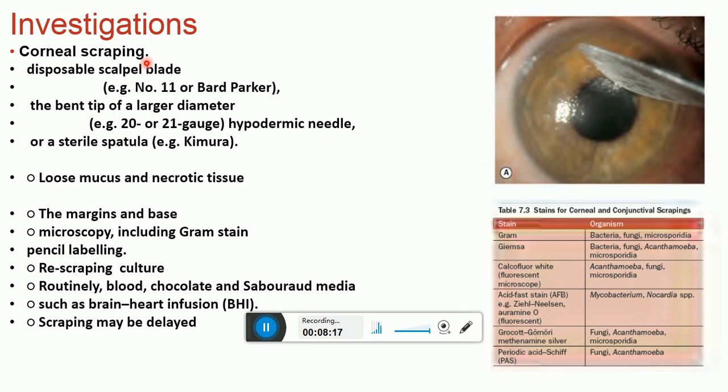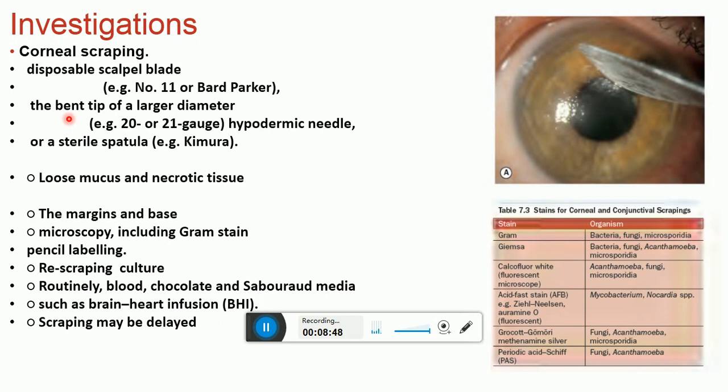Preservatives may lower bacterial viability for culture. One drop of proxymetacaine 0.5% is usually sufficient, but tetracaine may have a greater bacteriostatic effect. Scrapings are taken either with a disposable scalpel blade number 11 or a Bard-Parker.